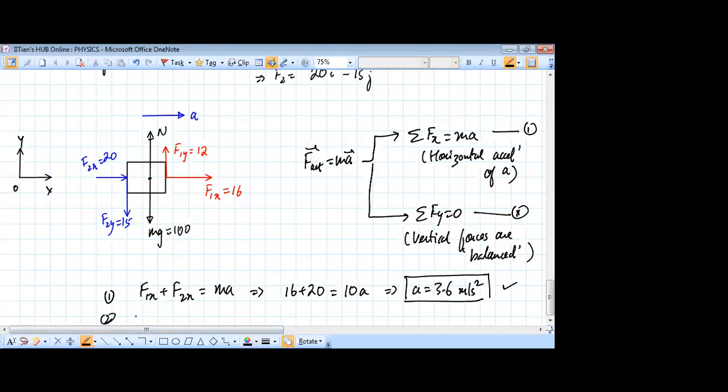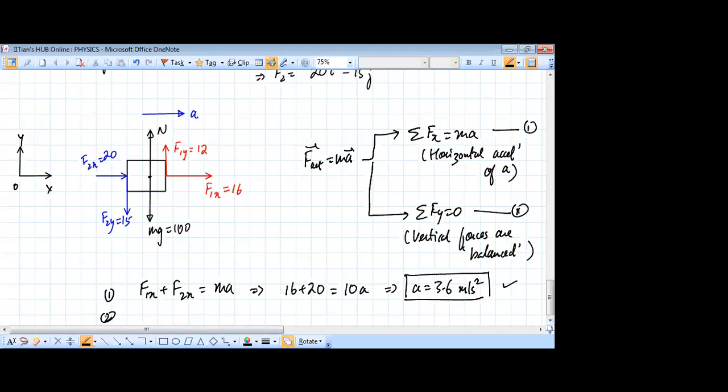Whereas the second equation will tell me which forces are acting vertically. So you can see the forces acting vertically are normal reaction plus F1's y component minus F2's y component minus mg. That should be 0. So the normal reaction should become mg plus F2's y component minus F1's y component. So it should become 100 plus 15 but minus 12.